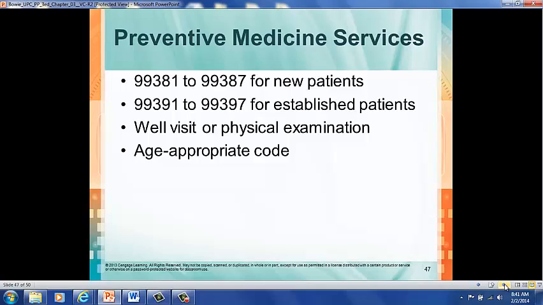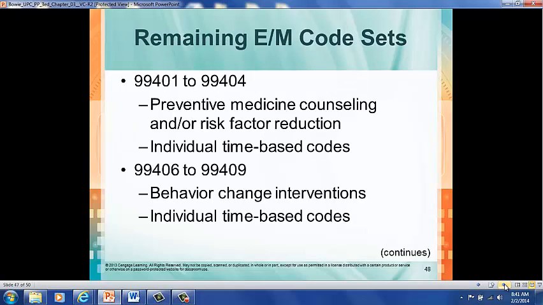Preventive services codes are assigned whether the patient is new or established, and then by age of the patient. Code ranges 99401 through 99409, counseling and/or risk factor reduction intervention and behavioral change interventions, individual, is used to report counseling and/or risk factor reduction interventions for new and established patients.